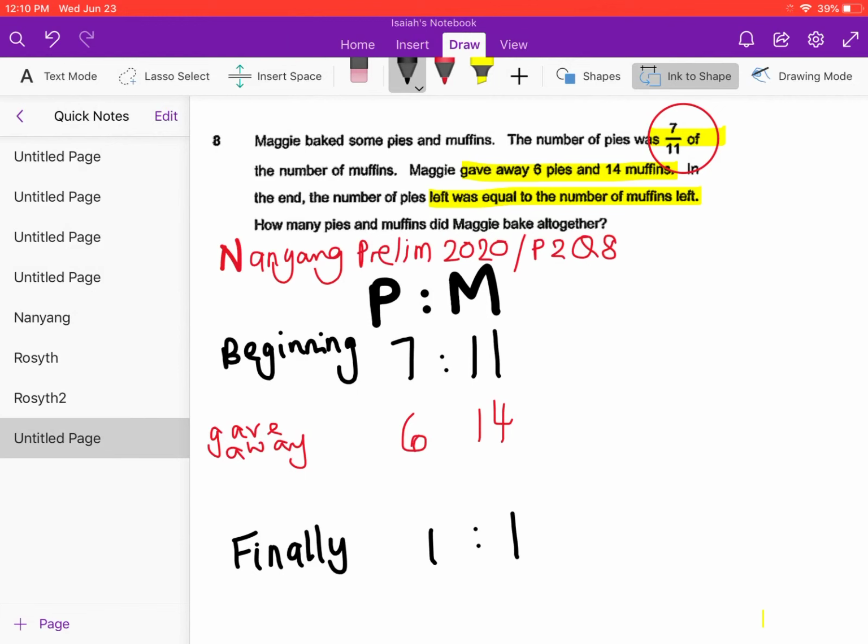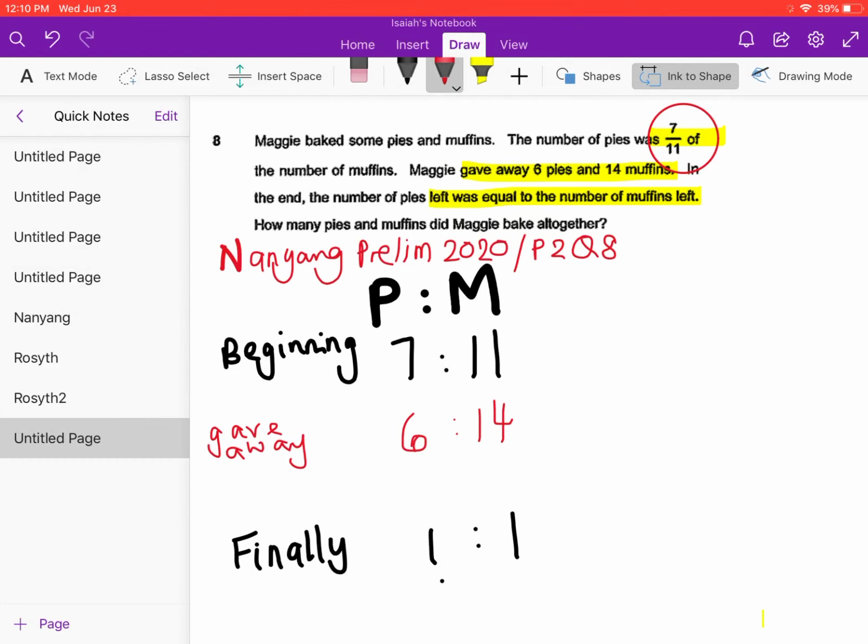So for the number of pies, if I were to take away the muffins and the pies that were given away, finally I should be able to get a ratio which is 1:1. So let us try to do this. Try to simplify the pies and the muffins that were given away, simplifying this ratio.